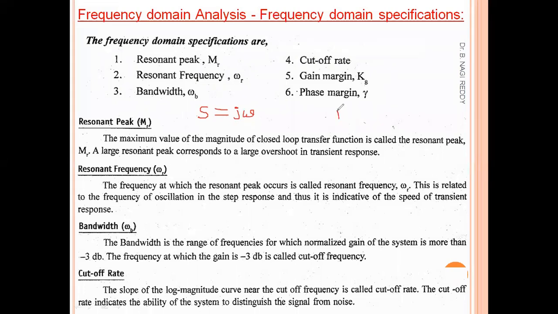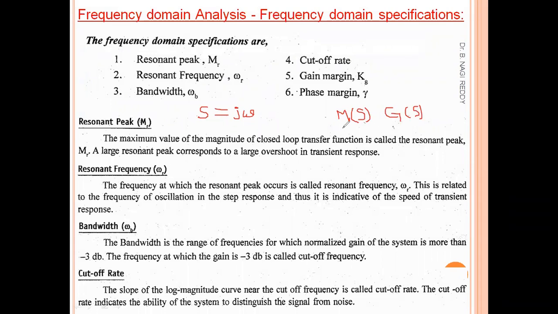So generally, the transfer function can be written as M of S, right? So M of S is the representation in the Laplace domain. This is a closed loop transfer function, and the open loop transfer function is G of S. This is in the Laplace domain.